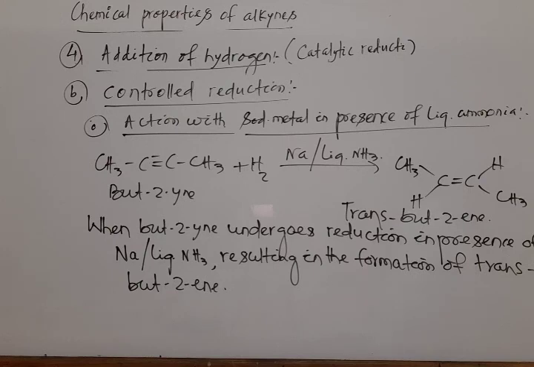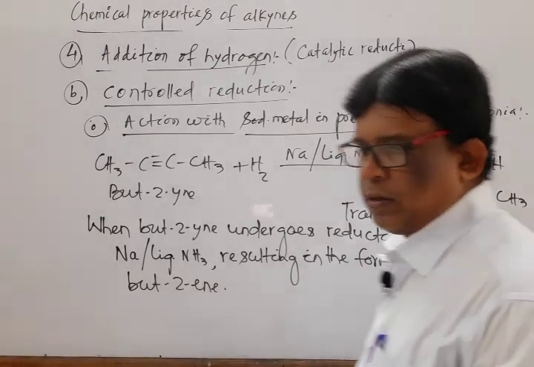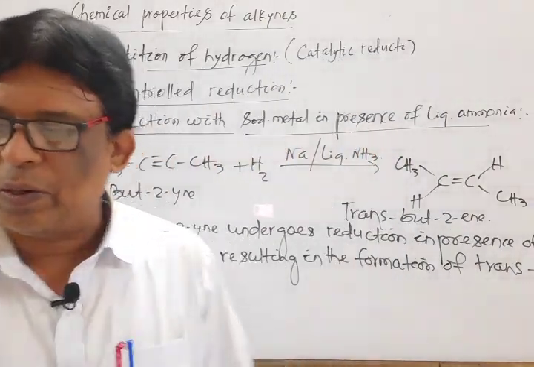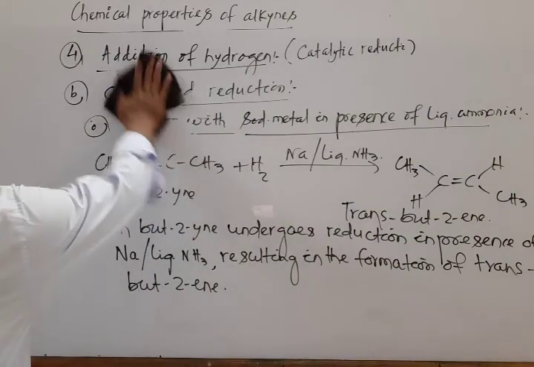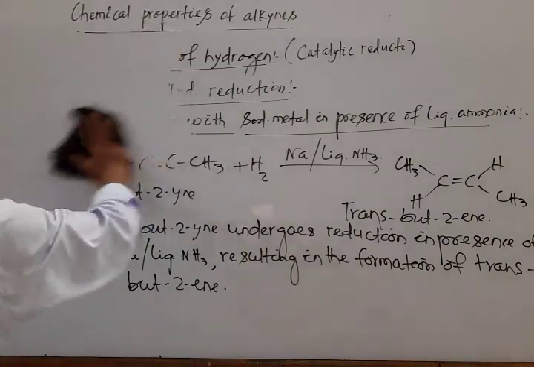Next, last property we discuss about, that is polymerization reaction. Next chemical property is polymerization of alkyne, the fifth chemical property.